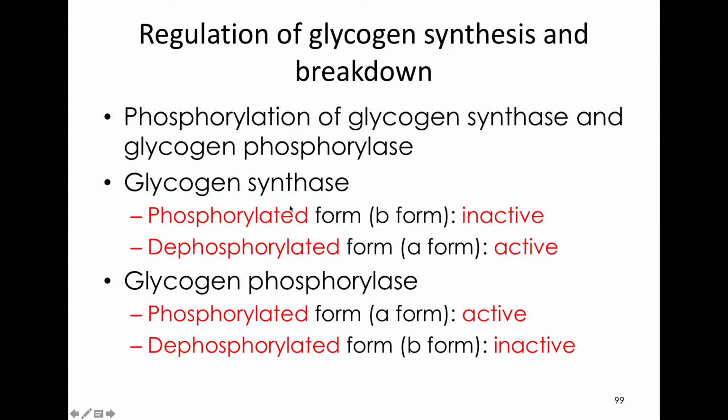Glycogen synthase can be phosphorylated, and phosphorylation yields the inactive form of the enzyme. We call it the B form. Whereas for glycogen phosphorylase, phosphorylation yields the active form, or the A form.